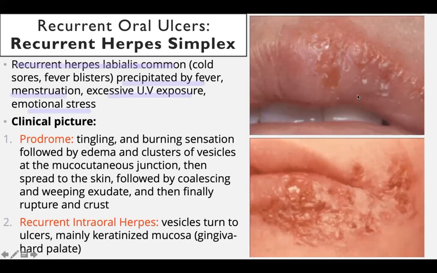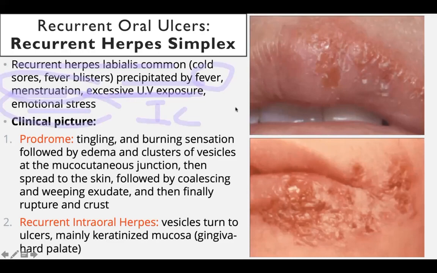Why is it recurrent? I hope you remember the virus was dormant and then it became active due to any situation or condition of the body, including febrile episodes, excessive menstruation, excessive UV exposure, emotional stress, or any immunocompromised state.